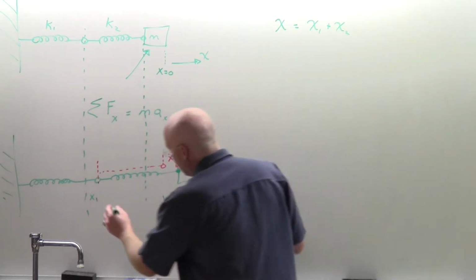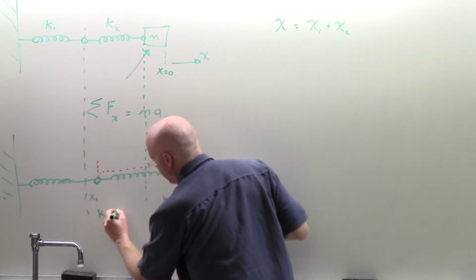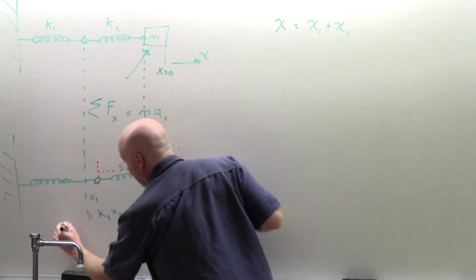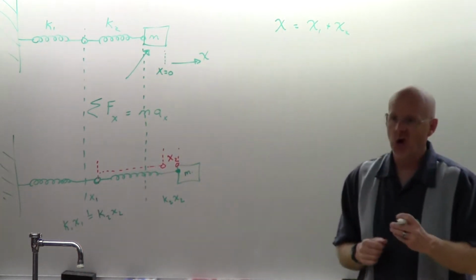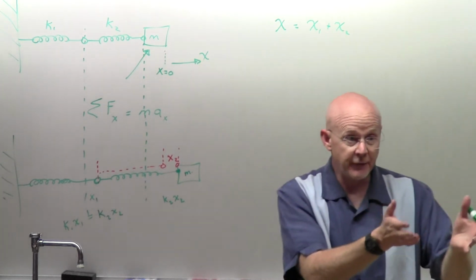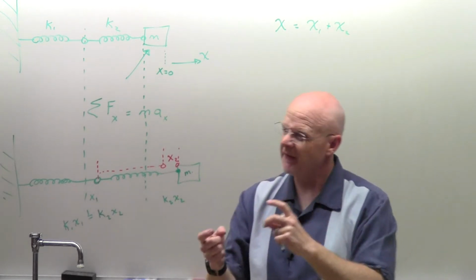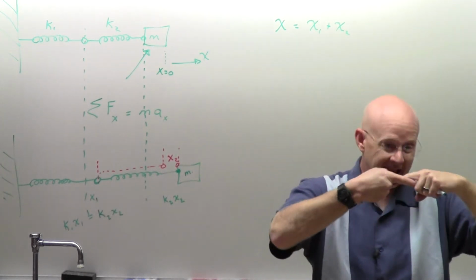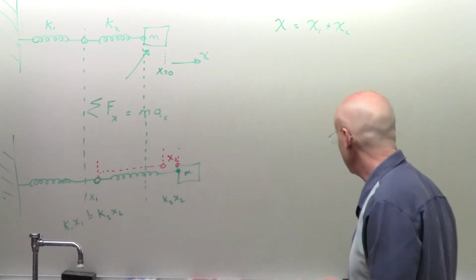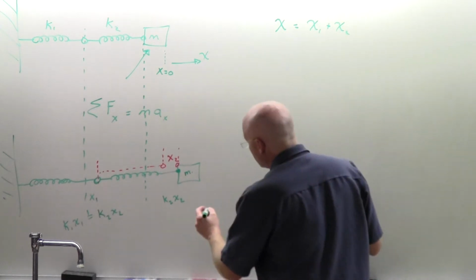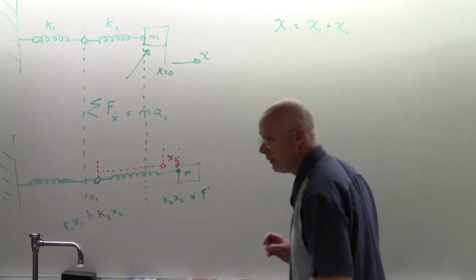So if I'm holding it in that spot, that means back here, where the other side of spring number 2 is connected to spring number 1, k1 x1 is the force from spring 1. They're in equilibrium there. And even if I start moving them, if we say the connection point has 0 mass, then those two forces have to be equal. Let me just call this, say, F prime here for a second.